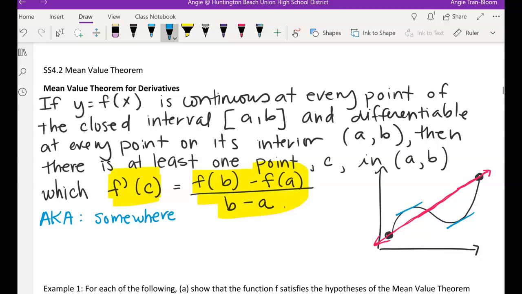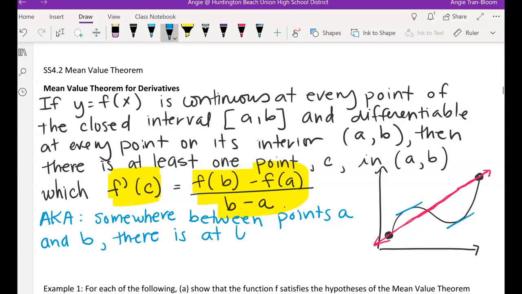Somewhere between points A and B, there is at least, how many? At least one. You're guaranteed to have at least one tangent.